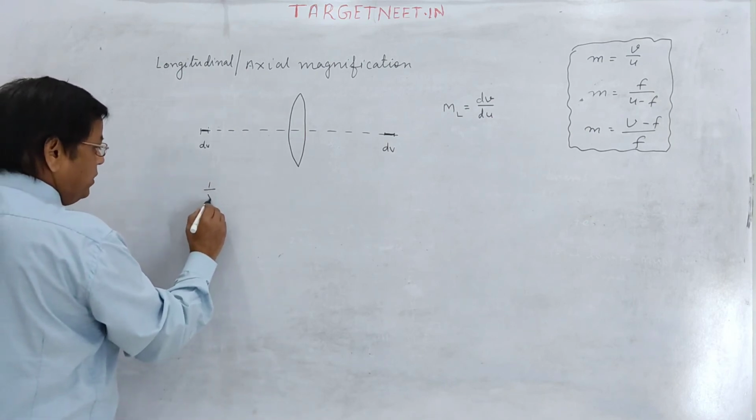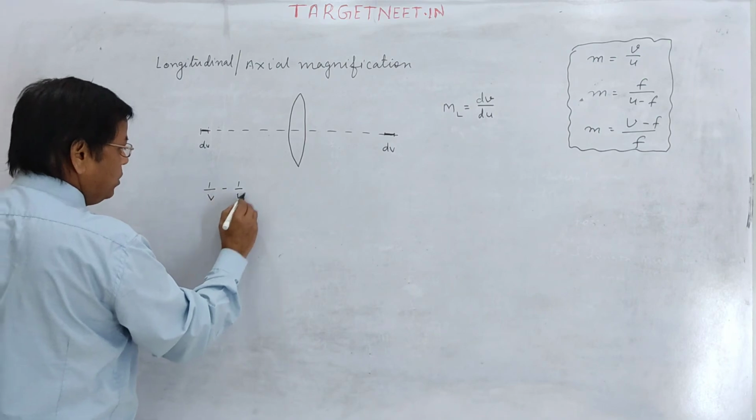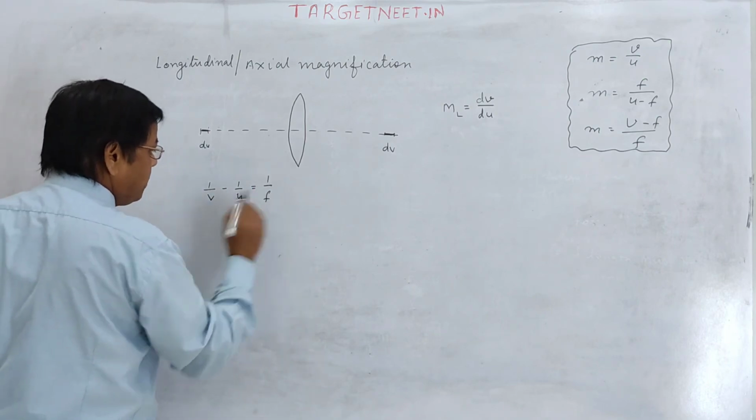We know 1 upon v minus 1 upon u is 1 upon f.